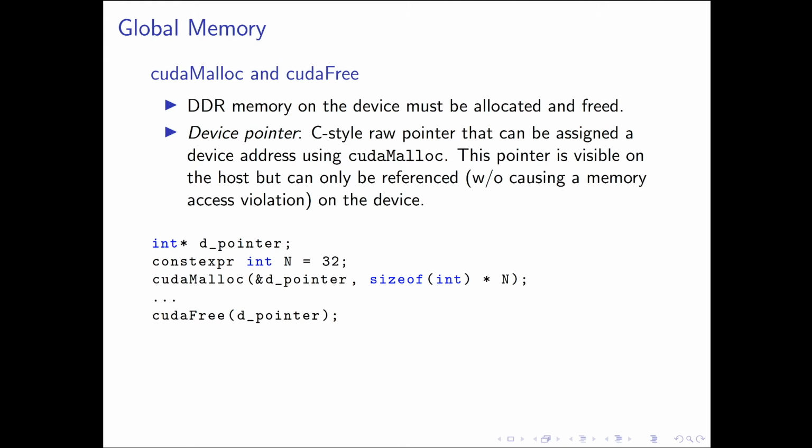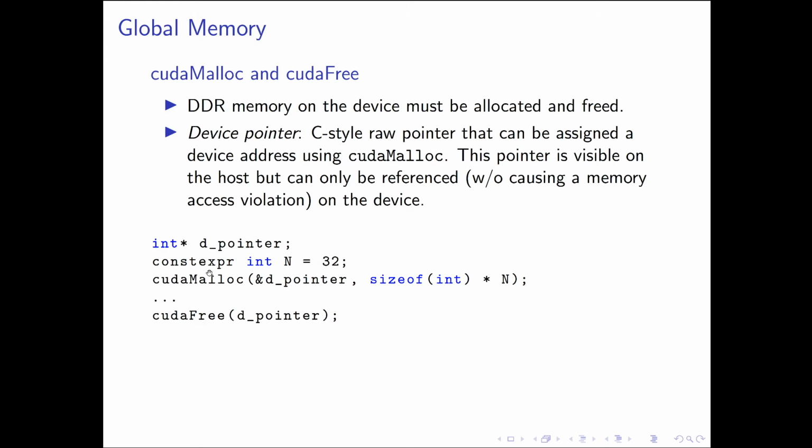So we cannot dereference that pointer, but we have it available on the host, and we can pass it around. We would later be able to pass that pointer into a CUDA kernel as an argument. If we had a CUDA kernel that takes pointers as an argument, we would pass that device pointer into the kernel, and inside the CUDA kernel, that is, when we're on the device, we're allowed to dereference that pointer.